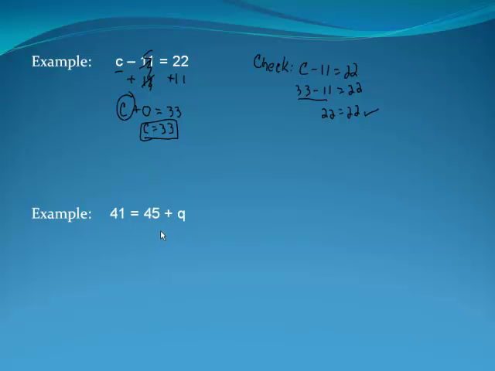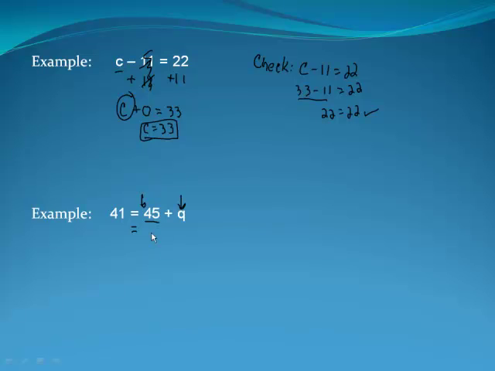All right, so let's do another problem. Here, solve for q. 41 equals 45 plus q. Okay, we're trying to solve for q, so we want q by itself. If we want q by itself, that means we need to move that 45 to the other side of the equation so we can isolate the variable.